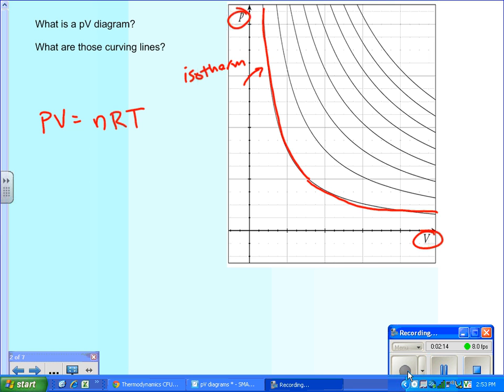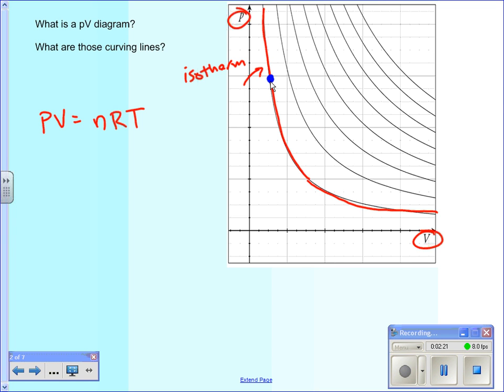Their significance is that anytime we plot a pressure and a volume and that point lies on one of these isotherms, they would also have the same temperature. The reason it has this shape is that if we think about having a constant temperature, that means T is constant.